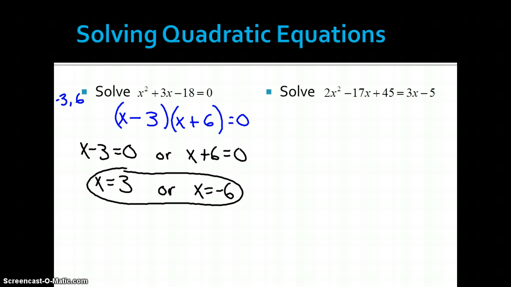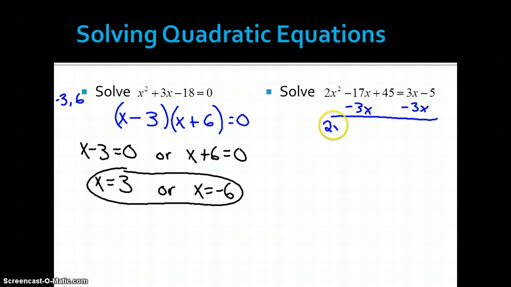If we look, however, at the example on the right, we can just tell by looking at this one, there's a little more work involved, which is fine. We have to get it in this form, x squared plus 3x minus 18. It has to look like that. So I'm going to combine like terms. I'm going to subtract 3x from both sides.